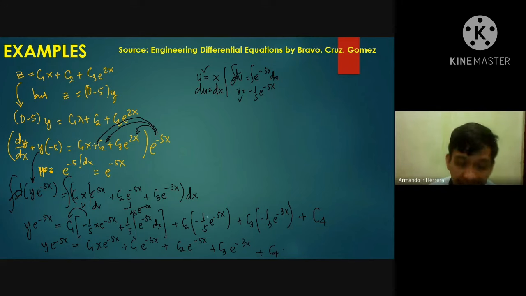So as you can see, lahat ng constant, binabaliwala na lang natin, because any constant multiplied by constant of integration C1, C2, and C3 here are all constants pa rin.